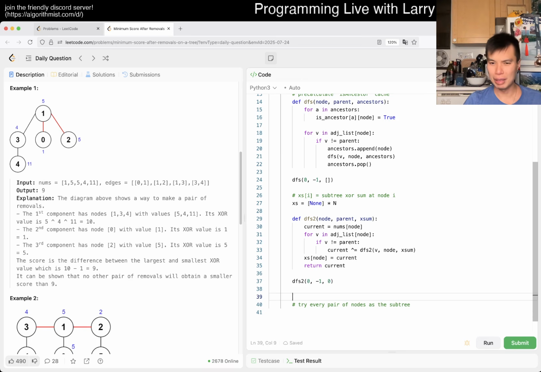So total, maybe you could say, is equal to xSums of 0. And I'm just going through the case where you iterate on the root node. And I want to say the answer is probably not, because if you have one of the nodes as the root node, that means that you only have two components, right? So that means that the root node has to be one of the things that you don't exclude, right?